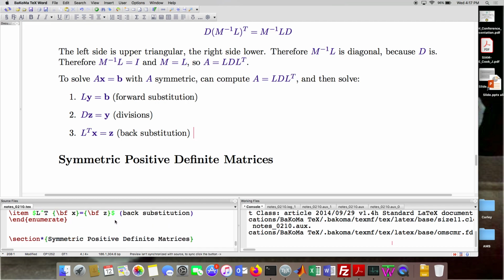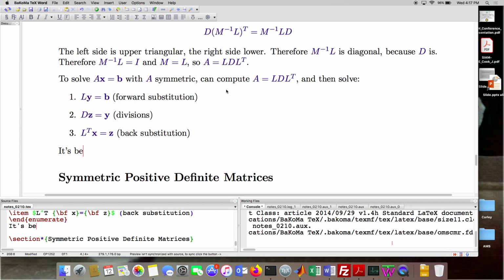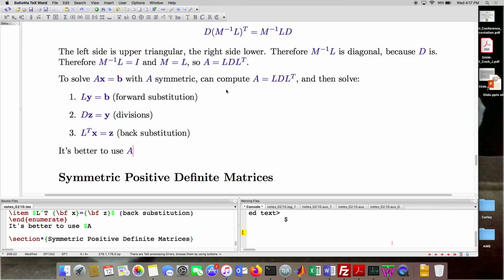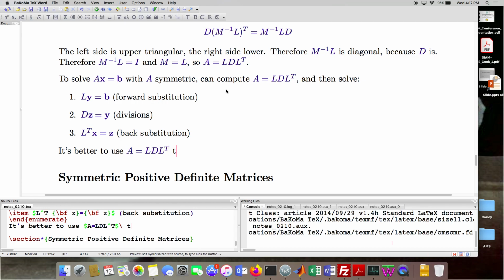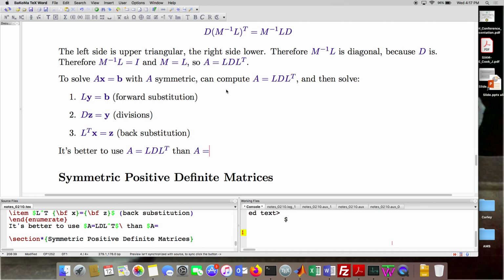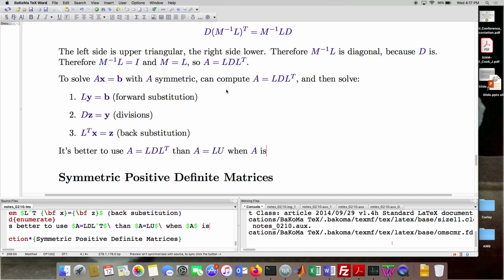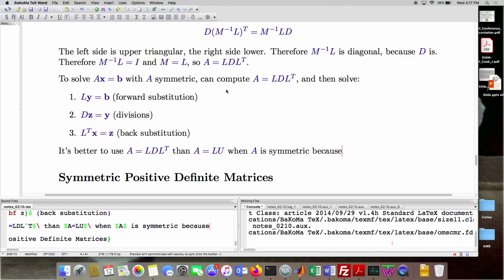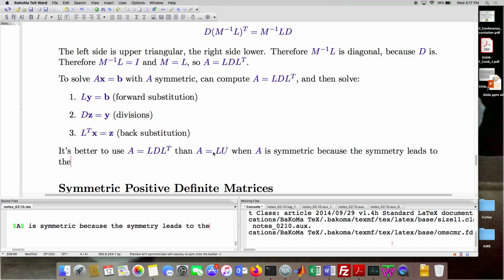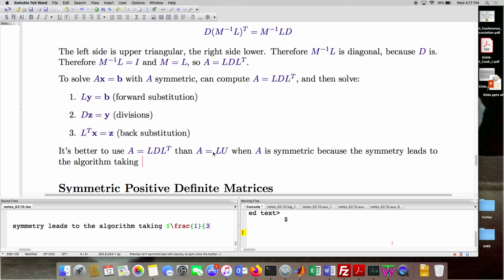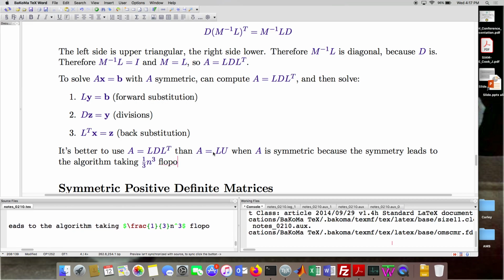And I should point out that I won't really go into the algorithm for LDLT here. It's better to use A equals LDLT than A equals LU when A is symmetric, because the symmetry, and therefore these two factors being just transposes of each other, leads to the algorithm taking 1/3 n cubed flops.